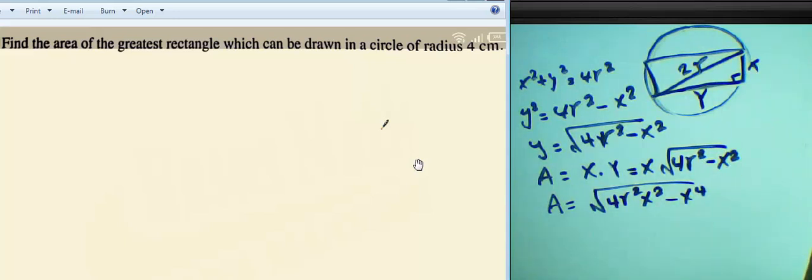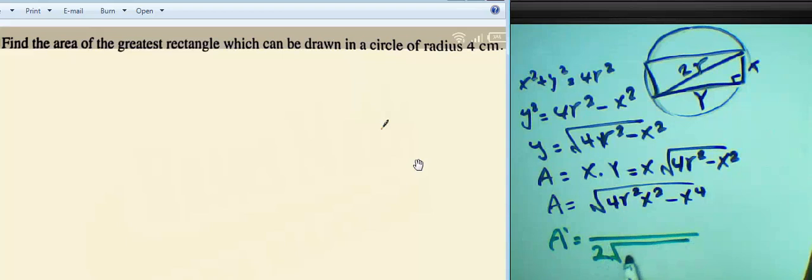Then we can find the derivative of the area, A', equal to 1 over 2 times the function 4r^2 x^2 - x^4 to a power, times the derivative of this function with respect to x.